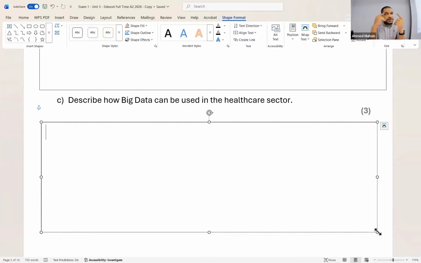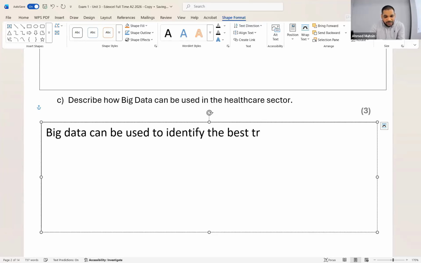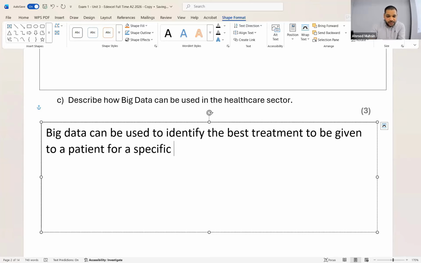We are talking about a specific disease that a patient is having. So you can say big data can be used to identify the best treatment to be given to a patient for a specific disease or for a specific sickness.